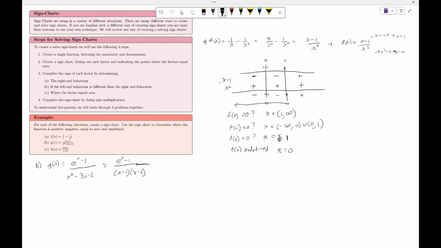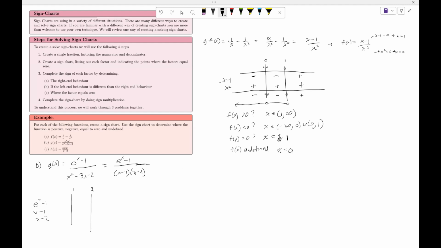It's really tempting to create a sign chart using the factors e to the x minus 1, x minus 1, and x minus 2, and just creating it about the points 1 and 2. We're really tempted to say, well, that's the only place where it can be.